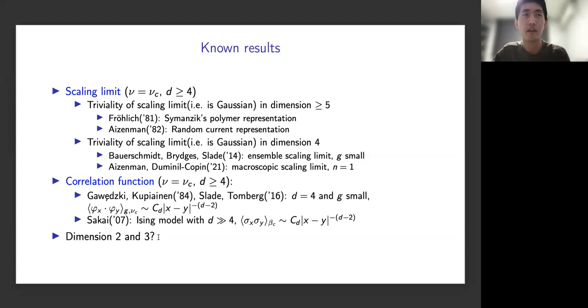And as far as I know, they are still open problems. And also, people are usually interested in constructing the continuum limit of the phi-4 model rather than looking at large distance behavior or probabilistic properties of this model.